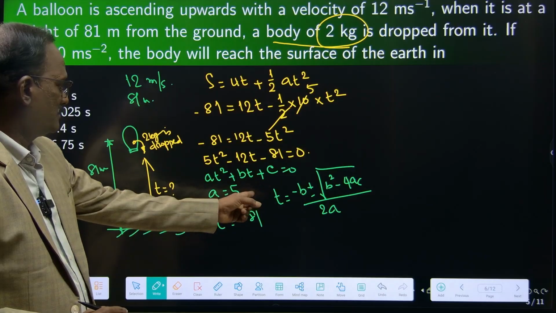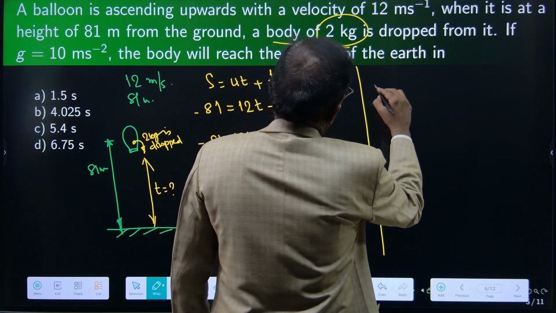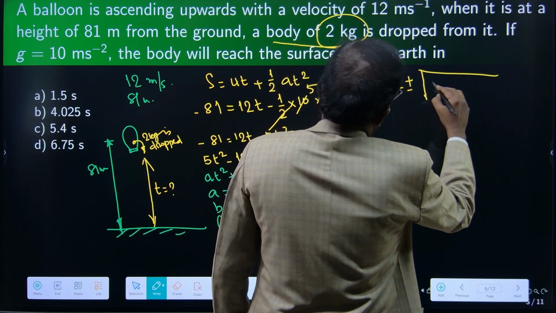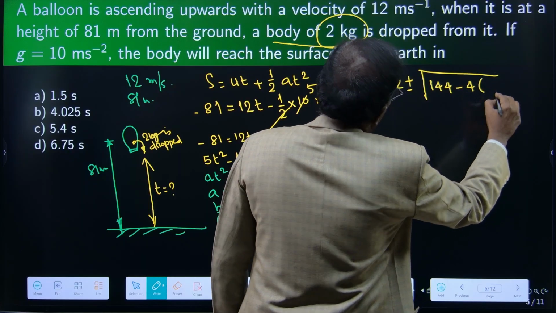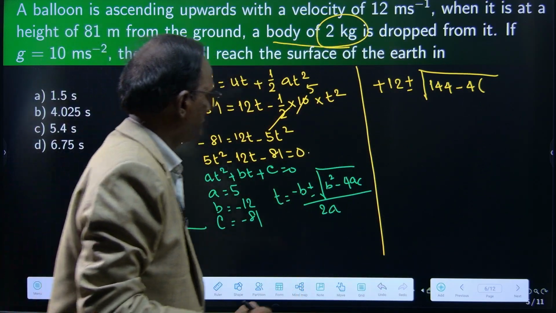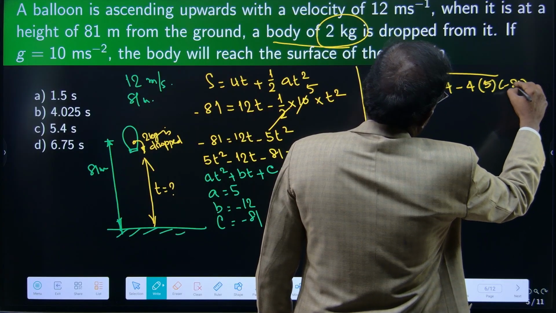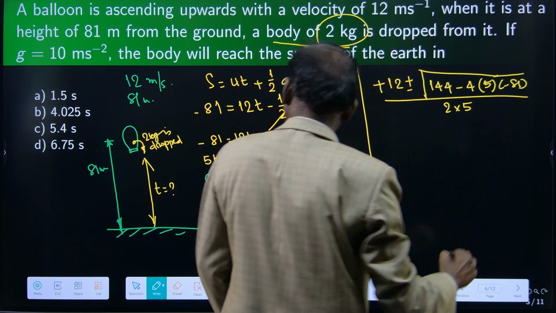Minus b is minus 12, so minus b is plus 12, plus or minus square root of b square, which is 12 square, this is 144, minus 4 into a value 5, c value minus 81, divided by 2a, 2 into 5.